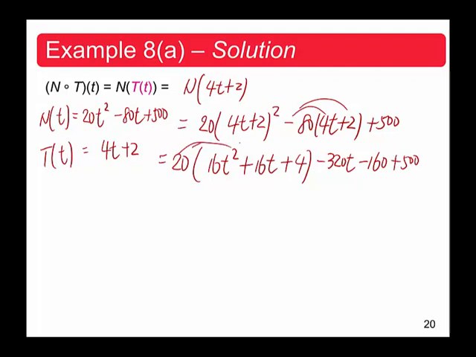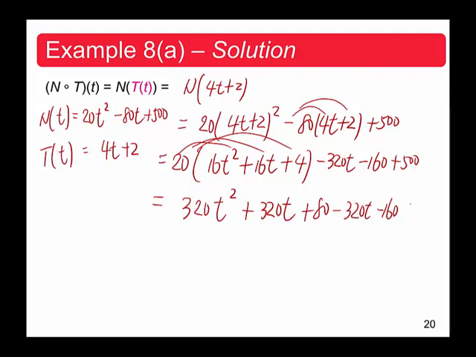Now we distribute. 20 times 16t squared is 320t squared, adding 320t, adding 80, minus 320t, minus 160, adding 500. Now the linear terms get cancelled.